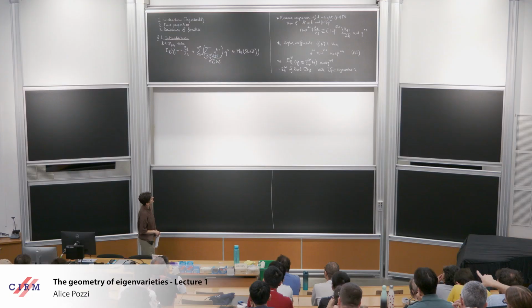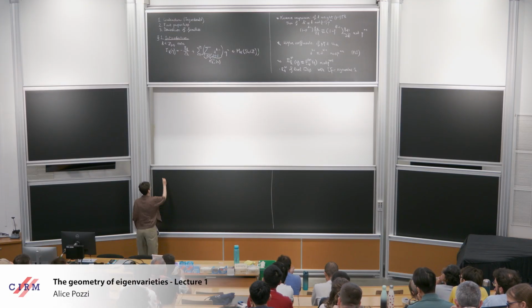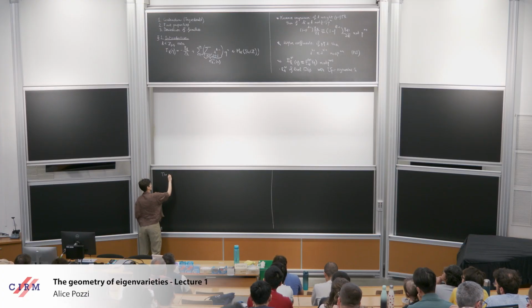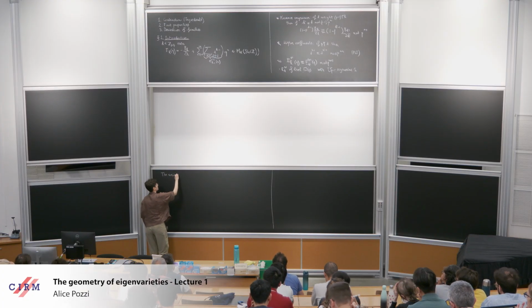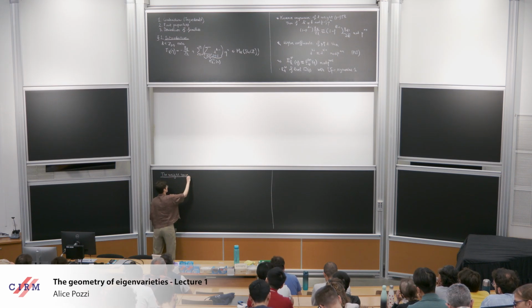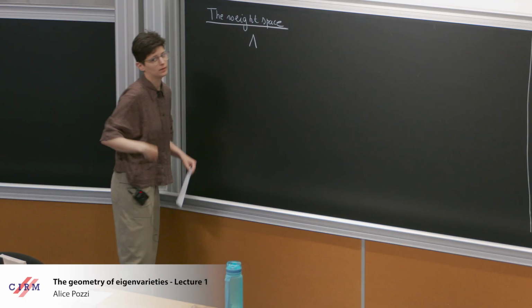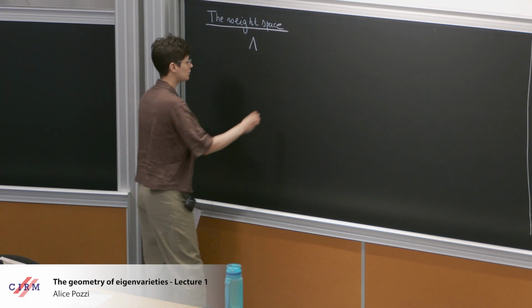So we need to make sense of a space where we can do this p-adic interpolation. And this is the weight space. So as I said, we expected the group of units in Z_p to play a role.